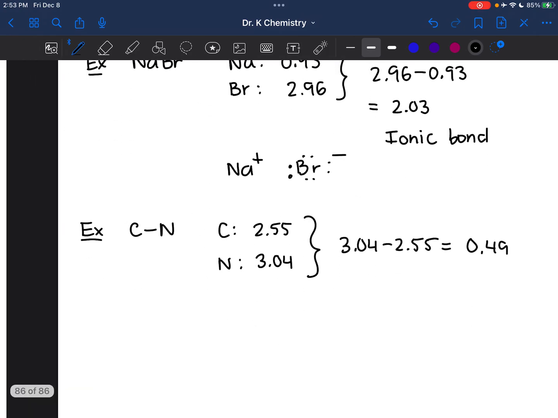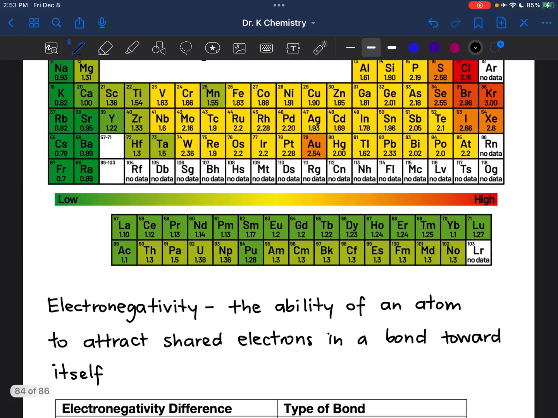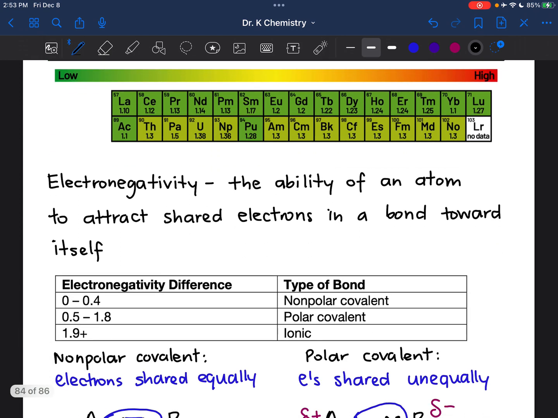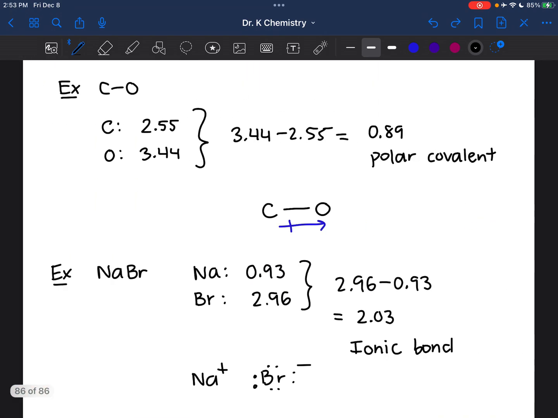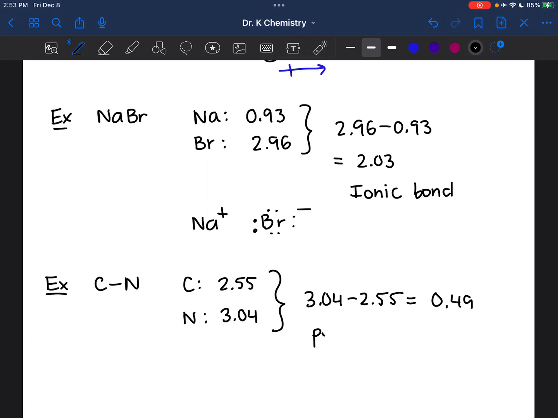Now notice this can be a little bit tricky because it's somewhere in between these two values. And here you're just going to use standard mathematical rounding. 0.49 would round to 0.5. So that would be a polar covalent bond. So whenever you're kind of in between, just use the normal mathematical rounding rules.